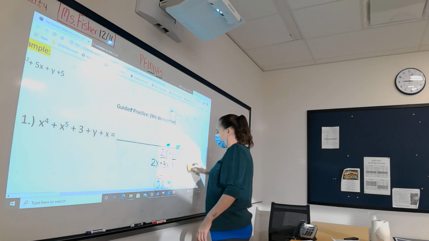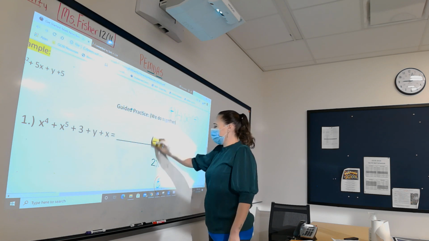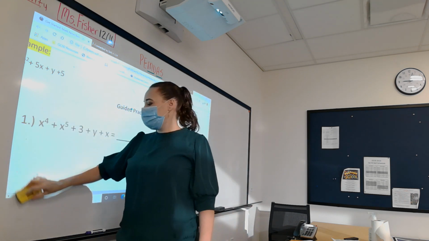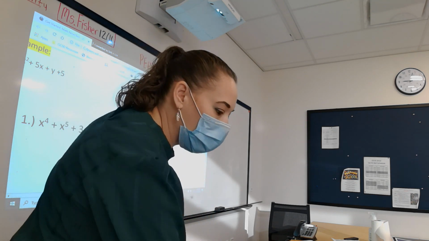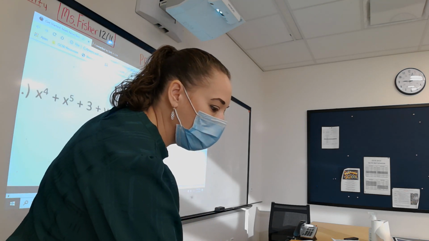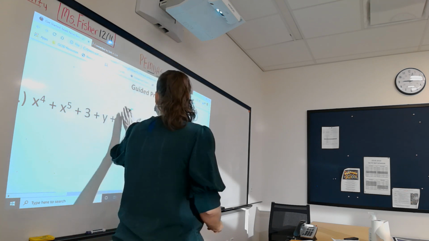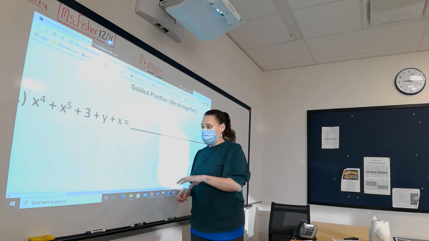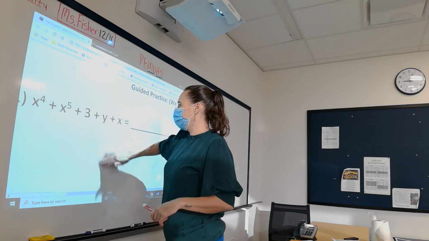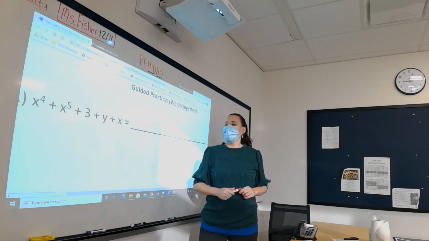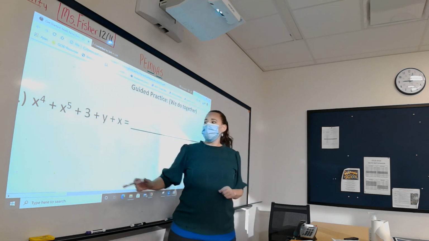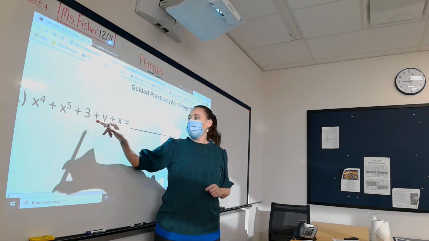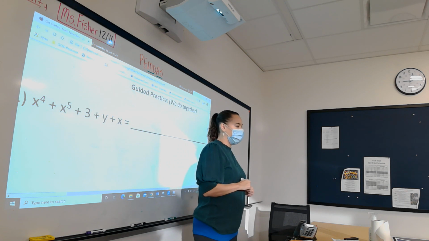So our guided practice, and after we do our guided practice, I'm going to give you a lot of different examples that we're going to do together, because this can be confusing. So I see x to the 4th power, x to the 5th power, x, y, and 3. Okay?